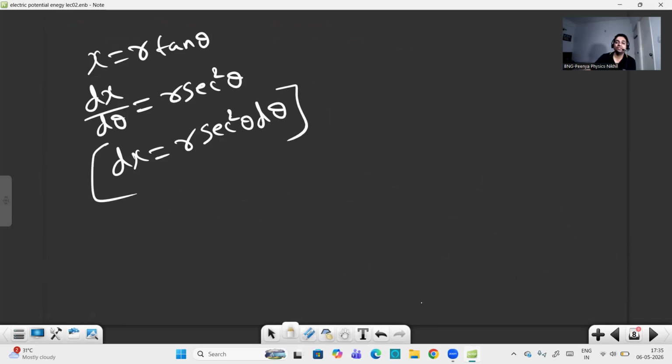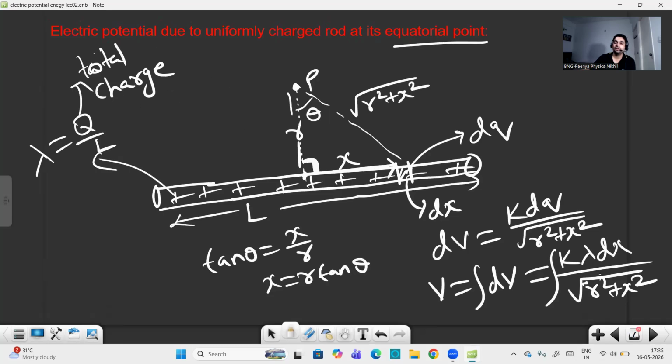Now we'll substitute this value in this integral so that we can bring it into integrable form. That's why it is known as the integration by substitution method.